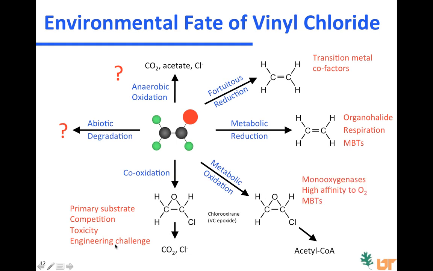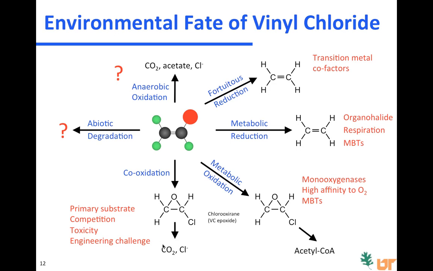Then metabolic oxidation. So these are organisms that can grow with vinyl chloride. They gain energy from this process. They also generate the epoxide, but they have specific enzyme systems to take care of this, so no toxicity. And then they generate intermediates, so these organisms can grow with vinyl chloride as a source of carbon and energy.